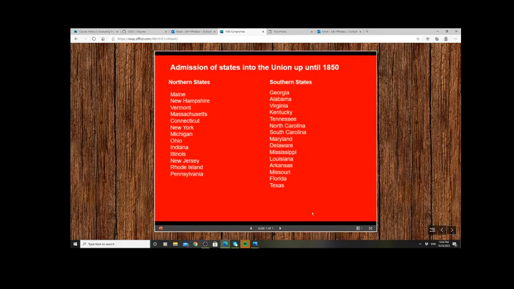happy to get things moving, and here you can see the parity is reached with Wisconsin and Iowa in 1846. We have 15 each, but if New Mexico and California become free states, then it's 17 to 15, and that upsets Southerners, that the balance in the Senate is no longer what it was.